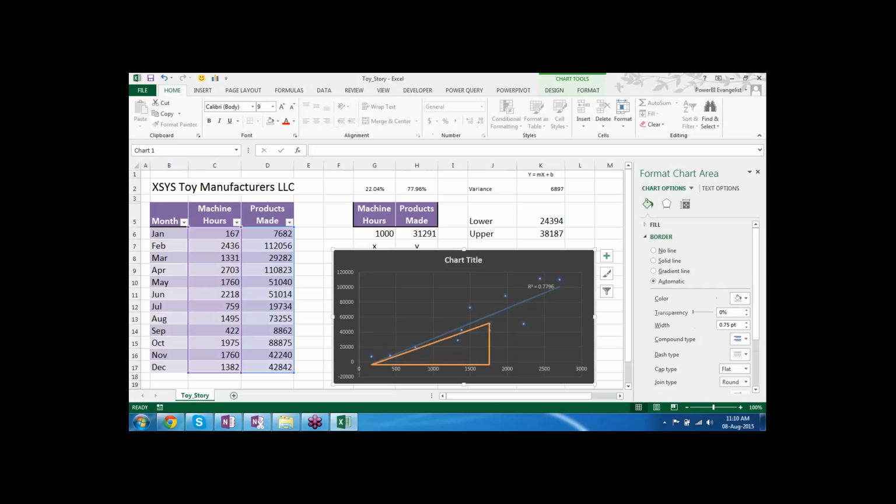Now you can see here, for this particular data point, this is the slope. We can see the slope angle and the slope distance, and all those things are taken care of.